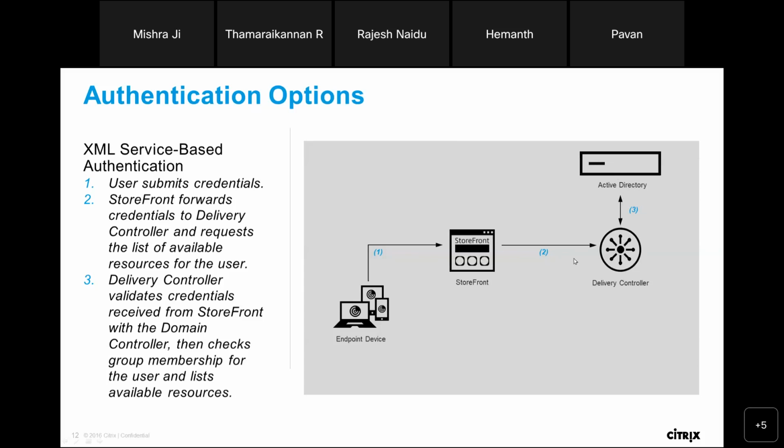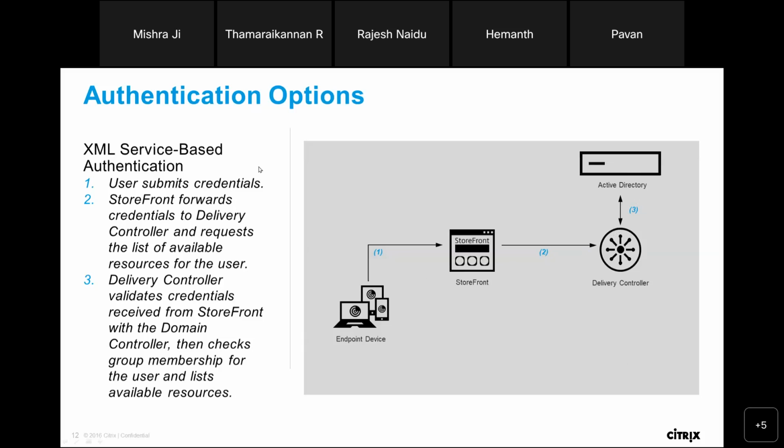This is also called XML service based authentication. Why? Because the storefront server and the delivery controller server communicate with each other with the help of XML service. Through XML we validate the user and membership details, so we call it XML service based authentication.